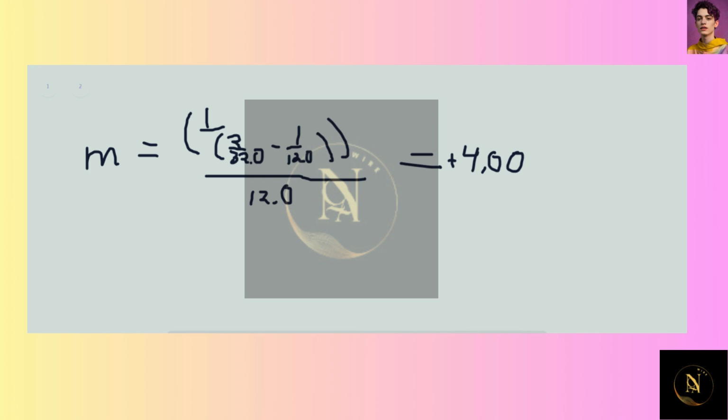Now, part B asks for where is the image located. So remember, we go back to m equals minus s prime over s, where we know that s is 12 and m is 4, so we can solve pretty easy for s prime.